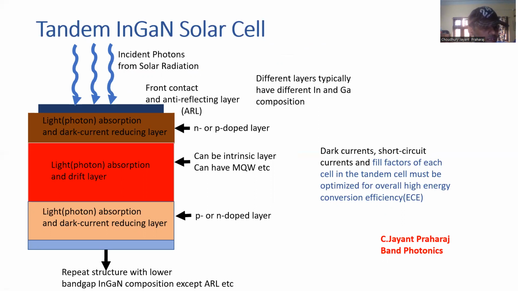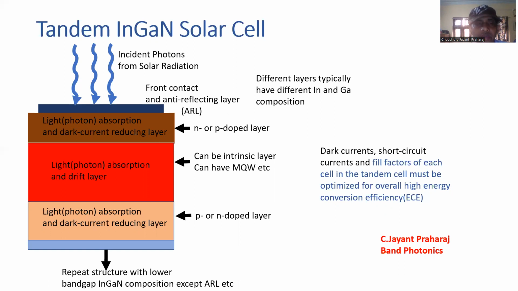Now we mentioned band gap grading in these solar cells to achieve good device characteristics. So we grade the composition from the top electrode downwards to achieve good photocurrents and photovoltages. But there's another design possible, and that is to have different subcells and put them in tandem, and each subcell has a specific composition of indium gallium nitride.